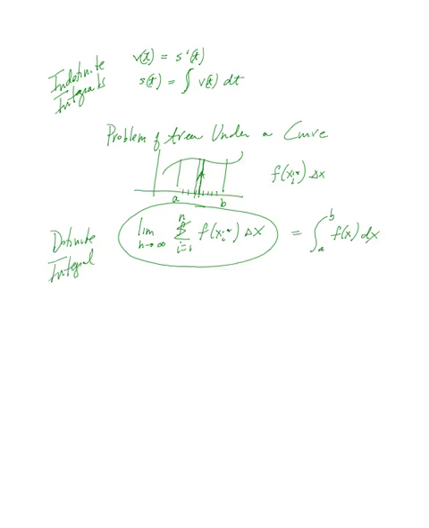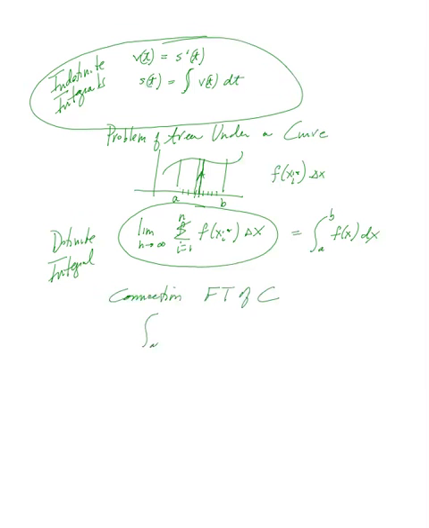Now, these two problems of anti-differentiation and definite integration seem totally unrelated, but there's a connection. And that's the fundamental theorem of calculus, which says that to evaluate a definite integral, to evaluate this limit of the sum, there's a shortcut.